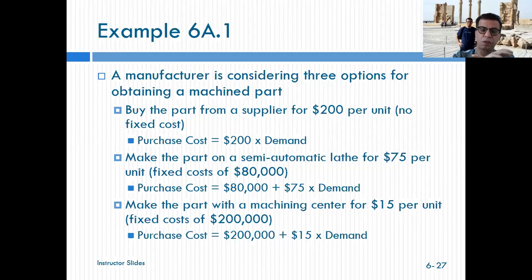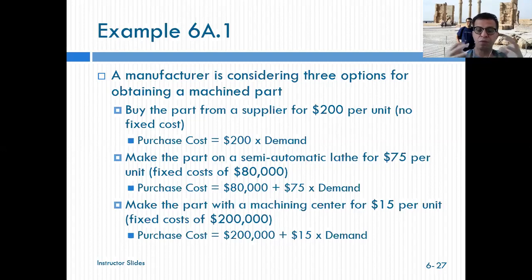So here you want to see whether it's worth buying a machine which costs you $80,000 plus $75 per unit. So you multiply the purchase cost, which is $80,000 plus $75 per unit, by how many are needed.